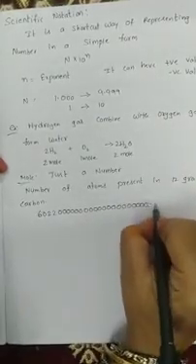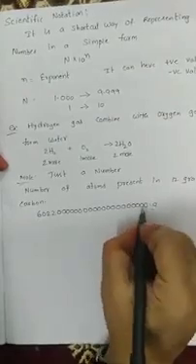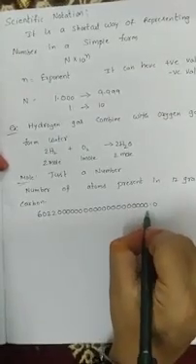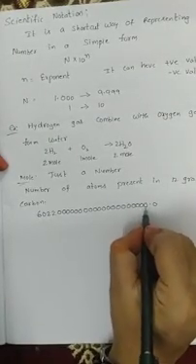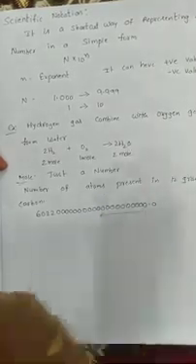We put a decimal point here and we shift the decimal point from right to left.